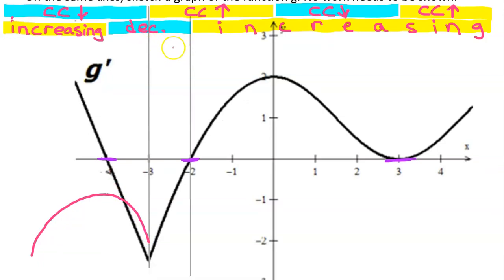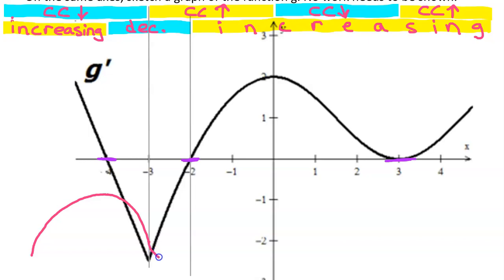For my next interval, the function g will be decreasing and concave up. Picking up where I left off, it should end at a horizontal tangent line. See the purple mark? So decreasing, concave up, and ending at a horizontal tangent line. Here I go.